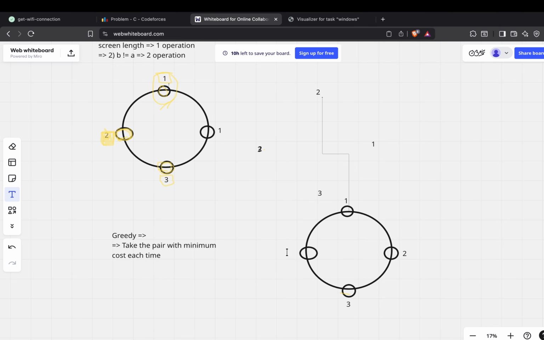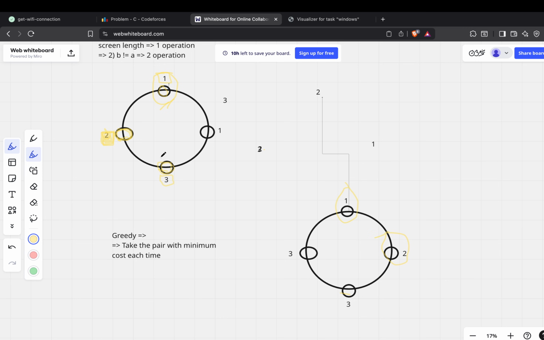This node's cost is 3. Now, the minimum pair is this 1 and this 2. Okay. This 1 and this 2.